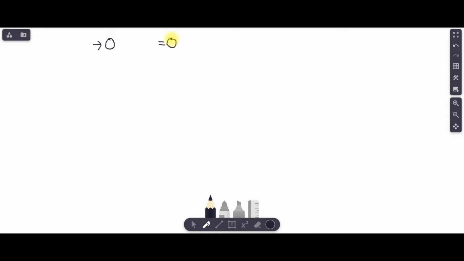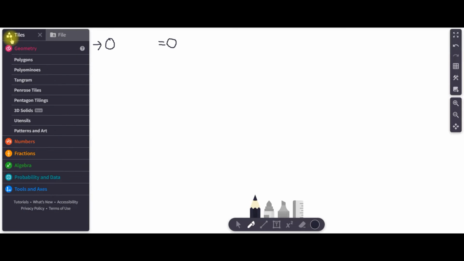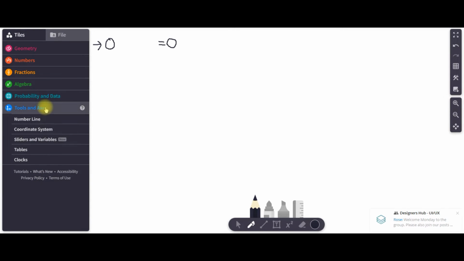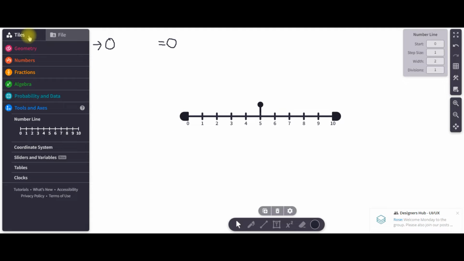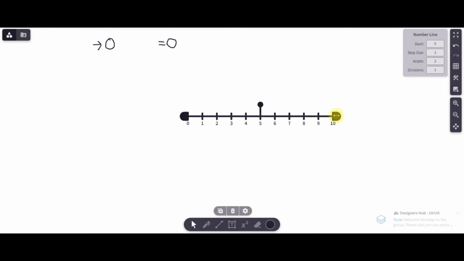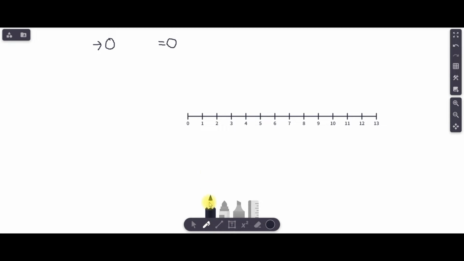I hope you have a pretty clear idea about tending to 0 and equals to 0. If not, I am going to explain. If you take a number line, the values, this is exactly 0.